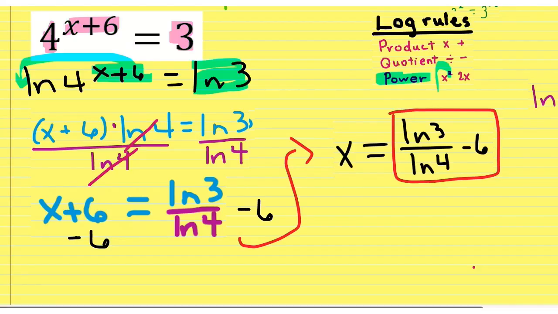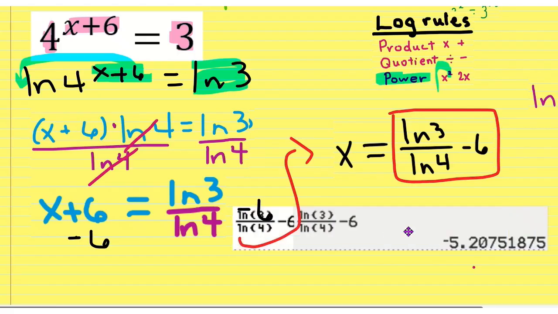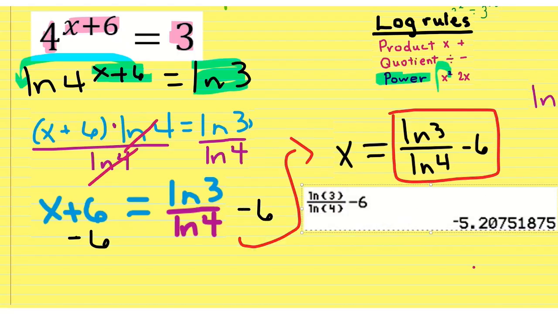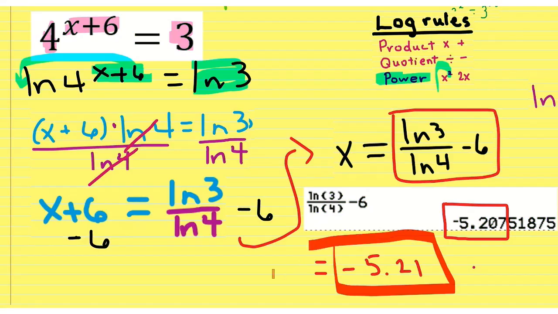So we're going to put it in our handy dandy calculator, and it's going to give me this value, negative 5.207. And if I round that to hundredths, that would be equal to negative 5.21. So that is the answer for my x value.